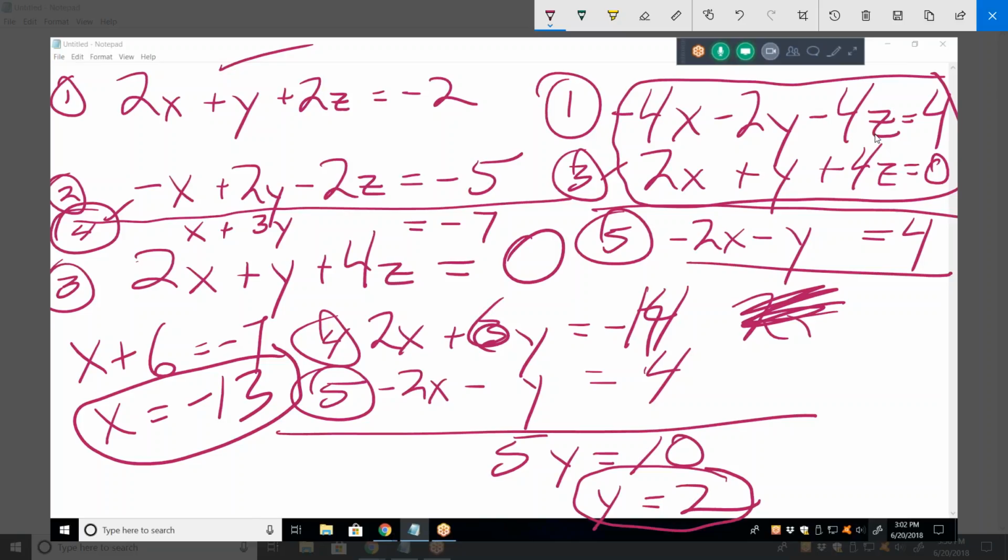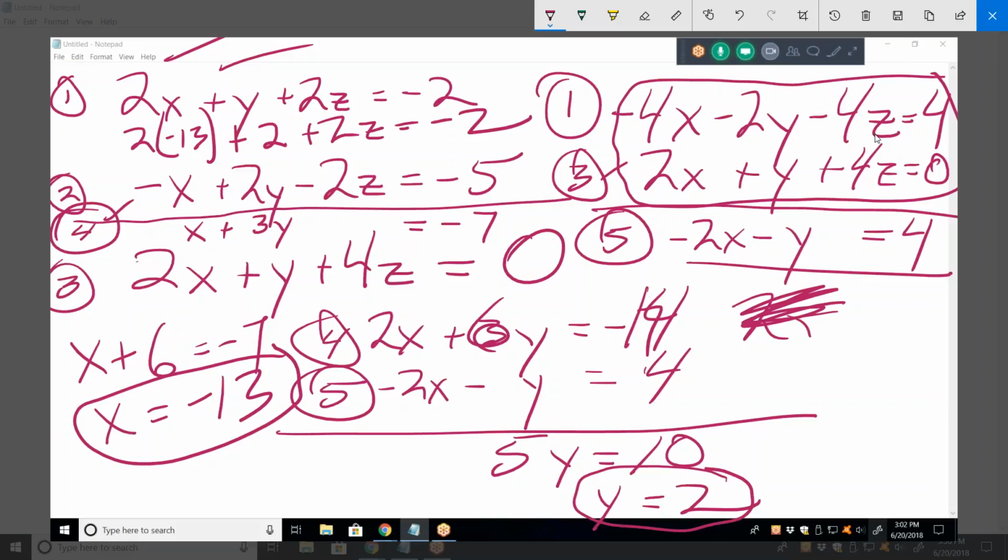Now you go back to one of your 3 original equations to solve for z. I suppose I would use equation 1. That's got lots of small numbers. So x is minus 13, so it's 2 times minus 13, y is 2, plus 2z equals minus 2.